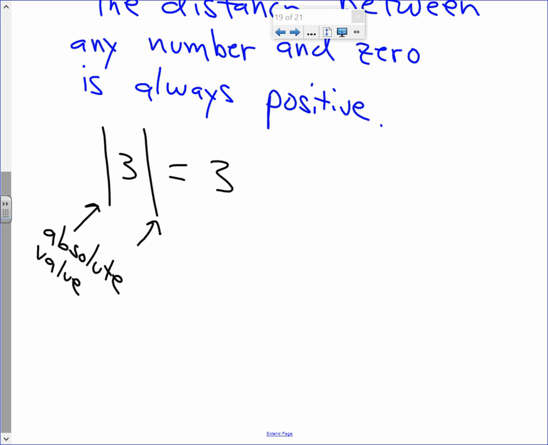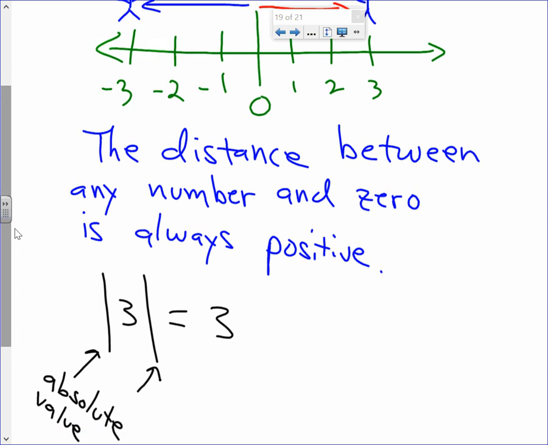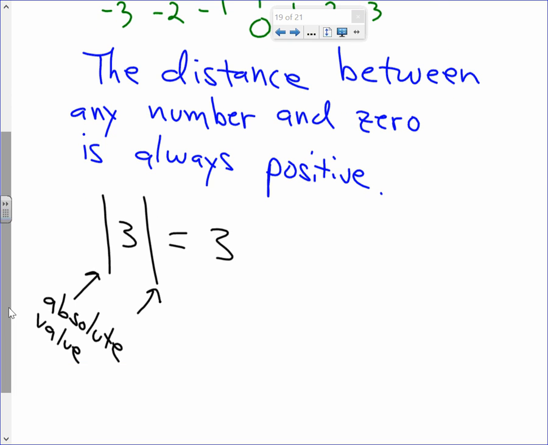Here we go. So, the distance between any number and 0, when you see that bar, that's just saying, look at the distance. The distance between 3 and 0 is 3. And the distance between -8 and 0 is 8, because distance has to be positive.